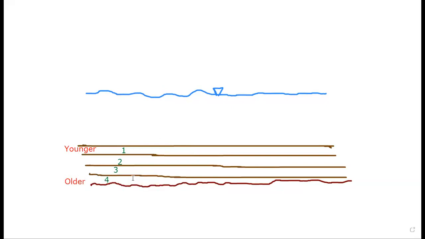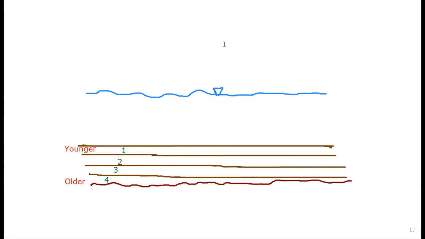Because the layer which is formed first, in the initial stage, is always older, meaning the layer which is present at the bottom is older, and the layer which is present at the top side is younger. Okay, so these four layers are formed in this river.